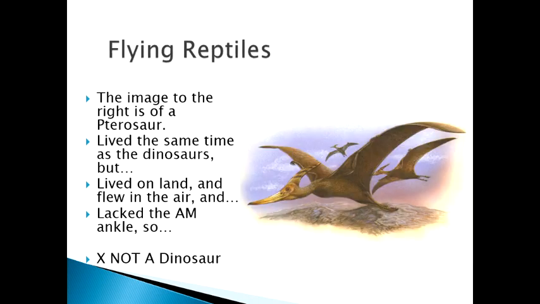Likewise, flying reptiles. The time of the dinosaurs was also the time of thousands of large reptiles moving around in the air, most of them pterosaurs, but they don't have that advanced mesotarsal ankle, and so they are also not dinosaurs. Now, these things are related to dinosaurs, but they're not the dinosaurs proper.